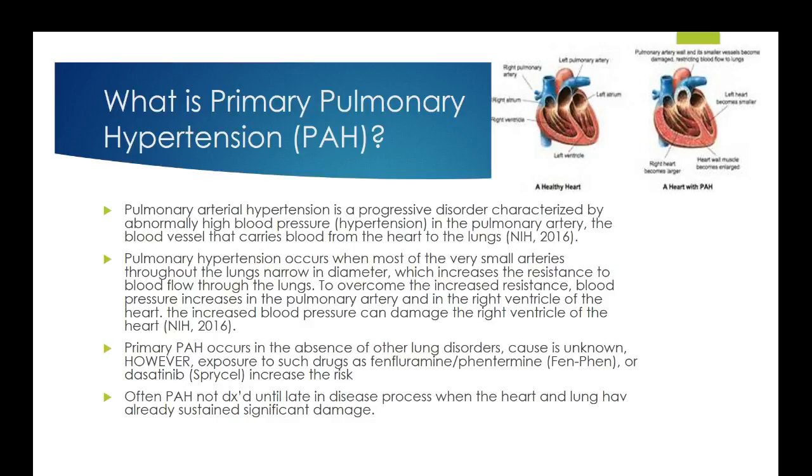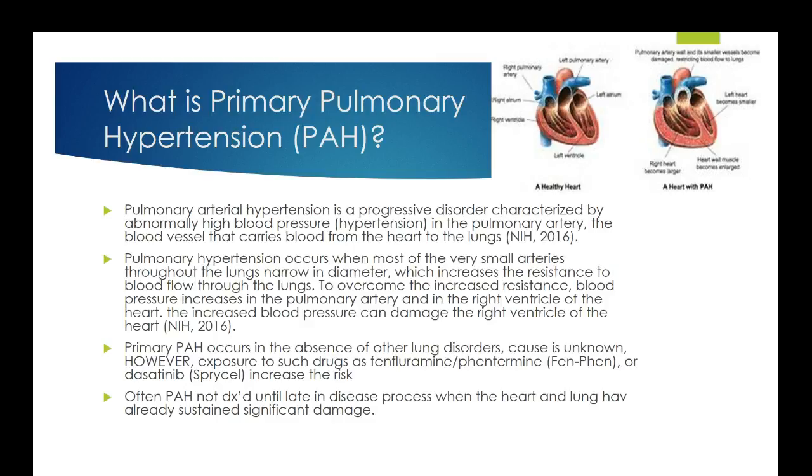But originally it starts with those arteries going into the lungs. Once we get some inflammation and some changes in the endothelial layer of those cells, we start to get occlusions, and it starts to raise pressure, and then we get some hypertension in that area.